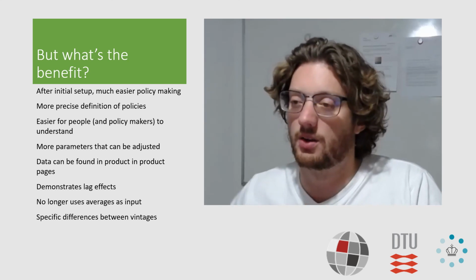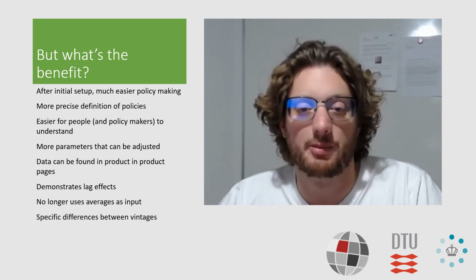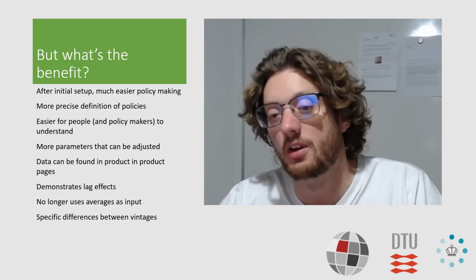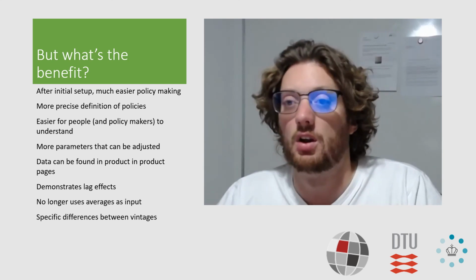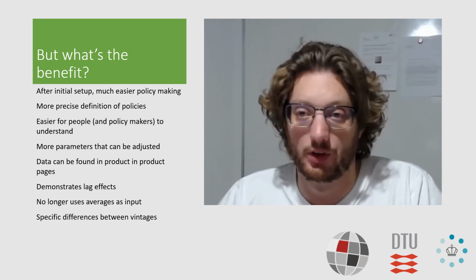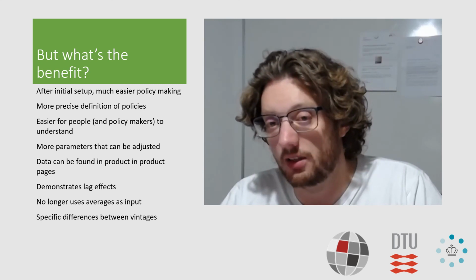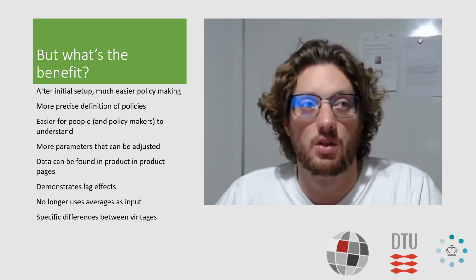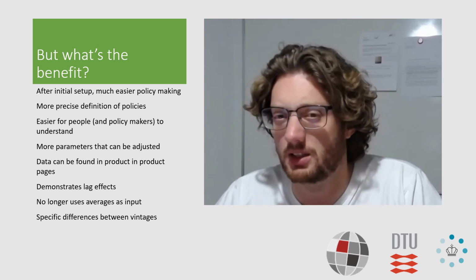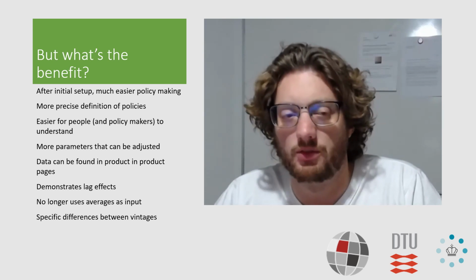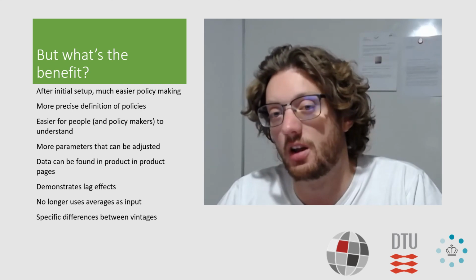And then you can also specify very specific differences between vintages. So if you have a product category where quite a lot has happened in the latter years or in the coming years, that could be important. The revolution from CFL to LED lights, and the whole computer revolution, where most people have gone from very energy consuming hardware to very energy efficient hardware.